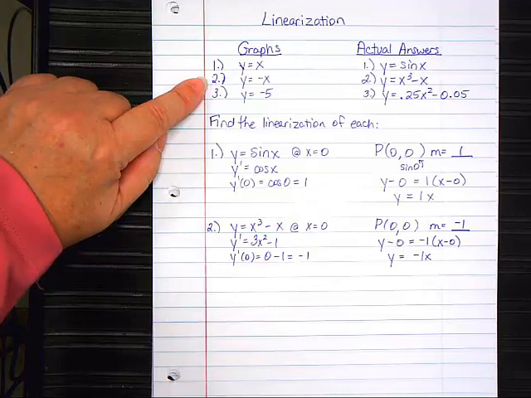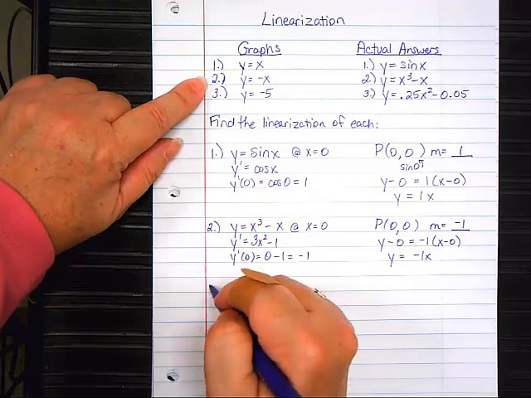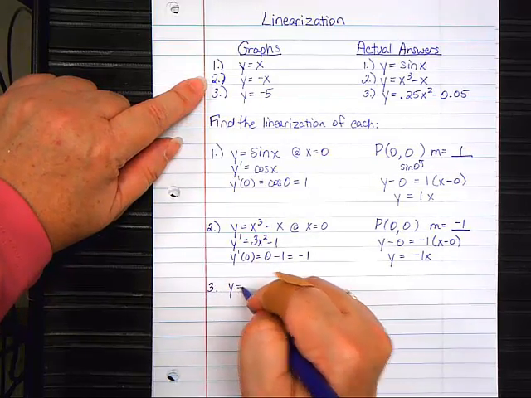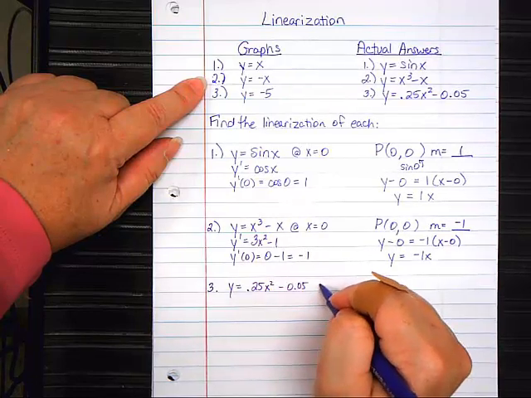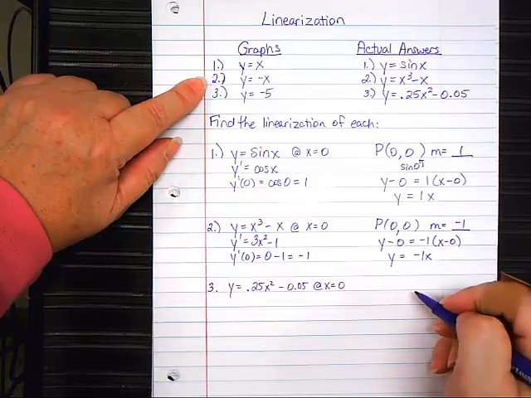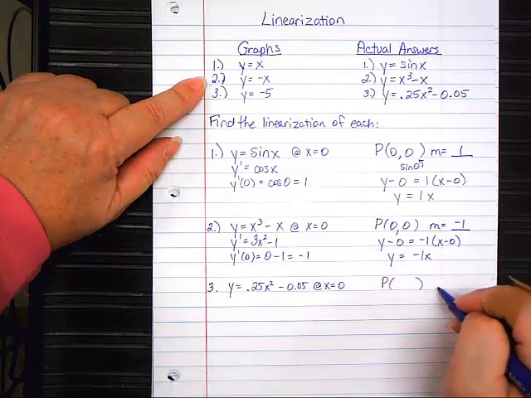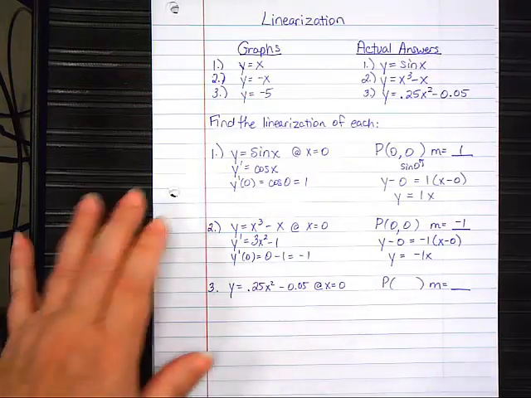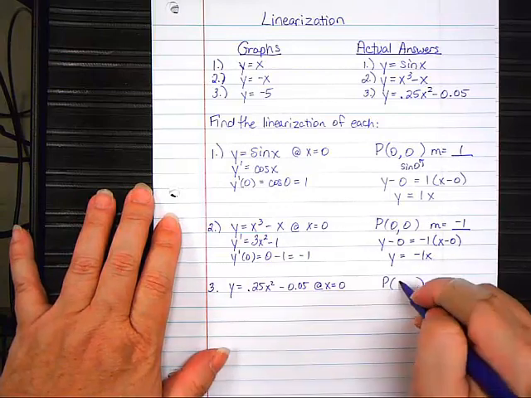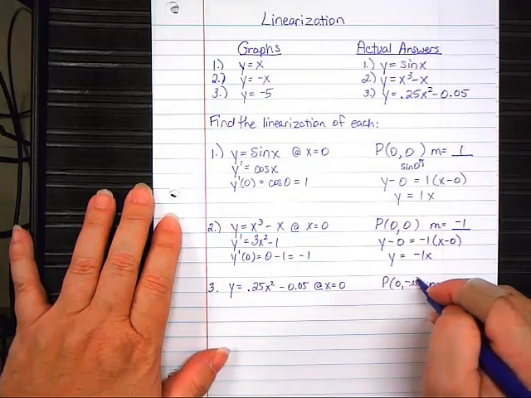Easy stuff? And it's going to stay about this easy, I promise you. Okay. Number 3. y equals 0.25x squared minus 0.05 at x equals 0. You do it with your table. Number 3 is going to be close to it. So the point is 0, negative 0.05.